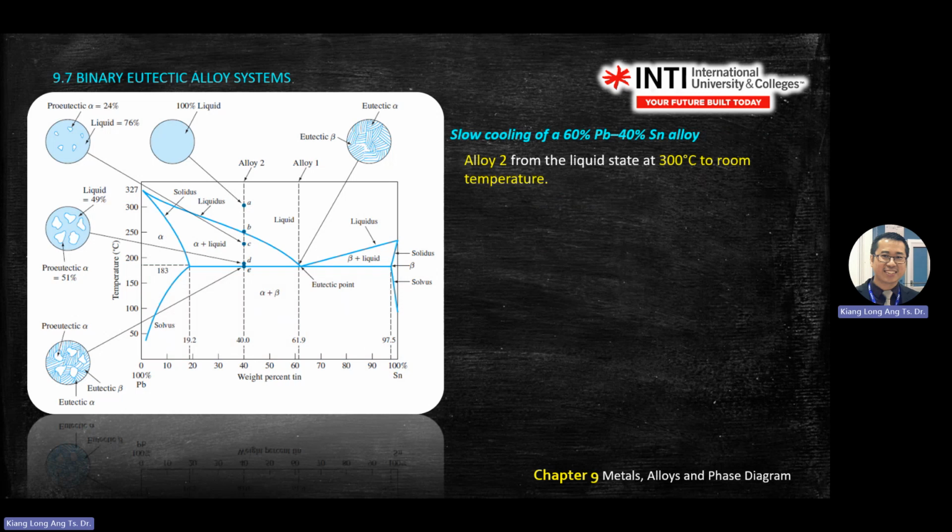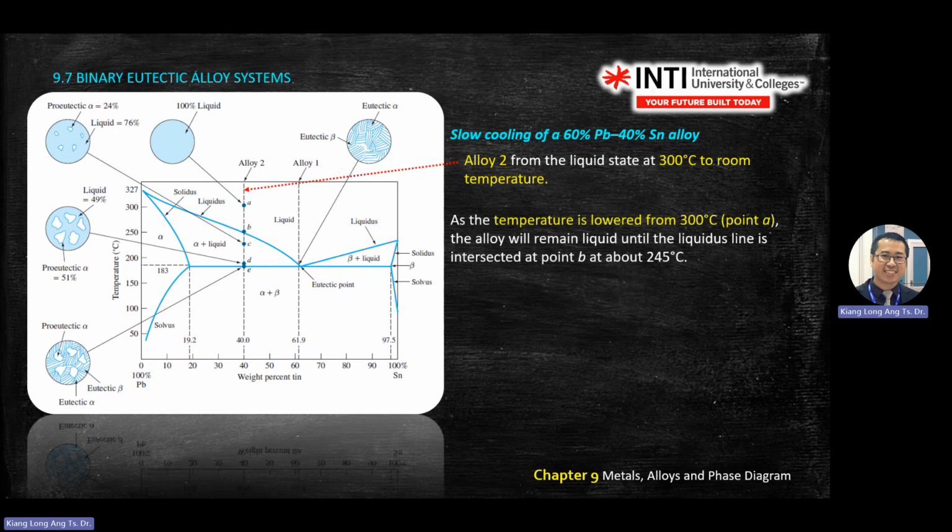Now we start to look at another line. Alloy 2, 40% Sn, 60% Pb. Alloy 2, in the solid liquid state, drops down from 300 degrees C to room temperature. So let's see the microstructure, how it goes. At 300 degrees C, it's still liquid.